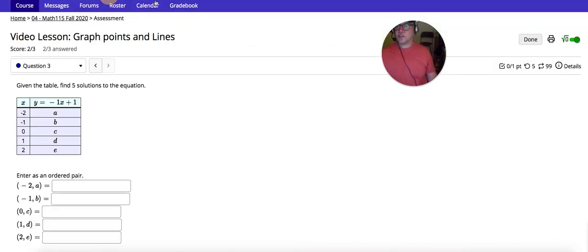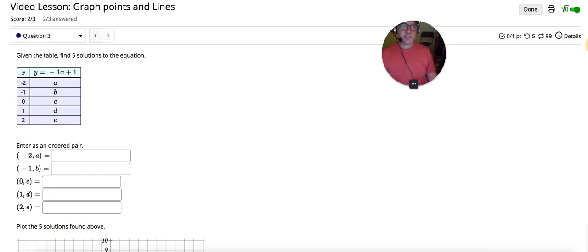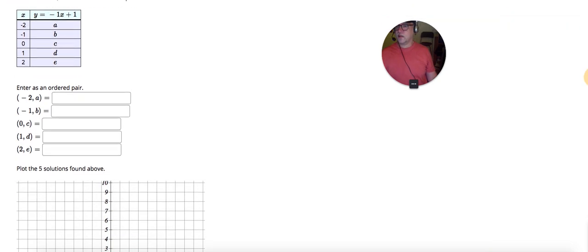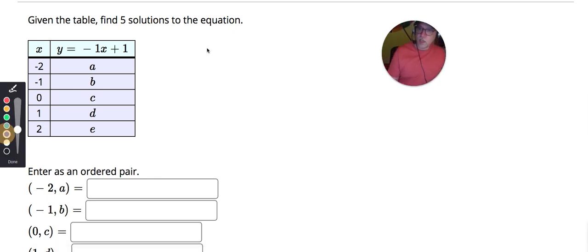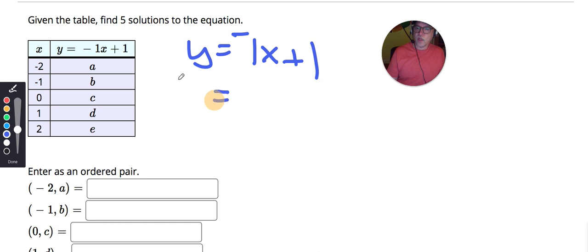The third question says, now this wants us to graph an equation, and this is fairly easy to do. I'm going to zoom in really quickly for a second. You're going to look at this equation, and you're going to want to read that equation carefully. This is y is equal to -1x plus 1. Another way they might have shown that was y is equal to -x plus 1.